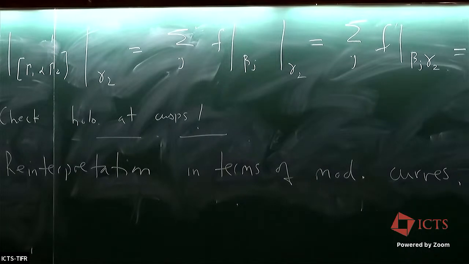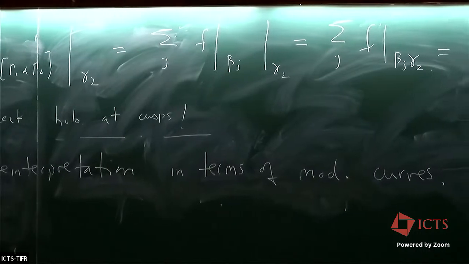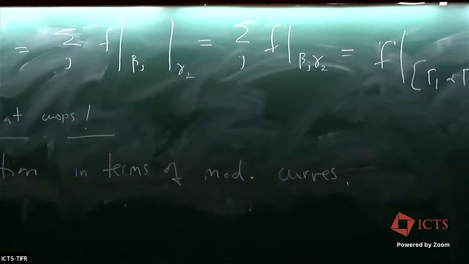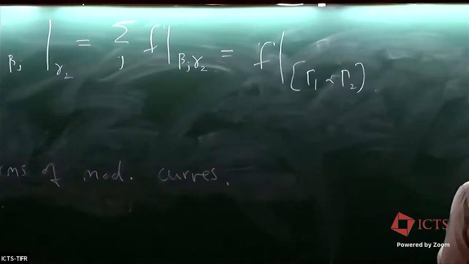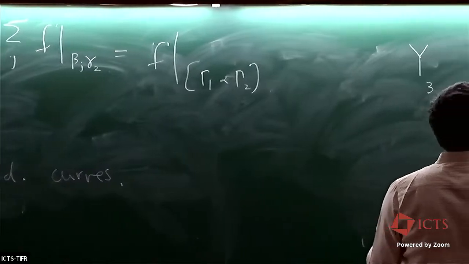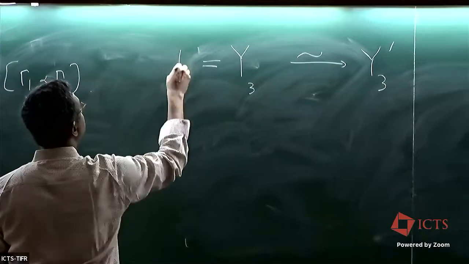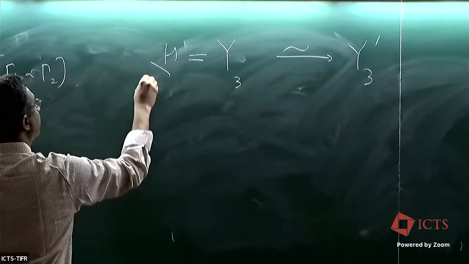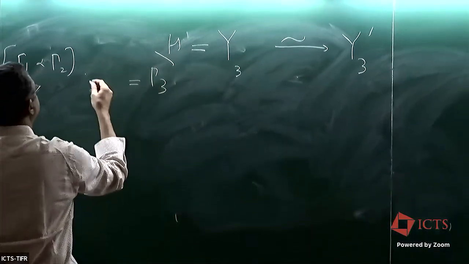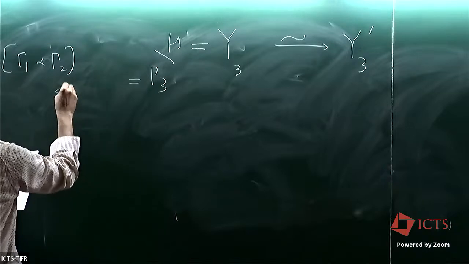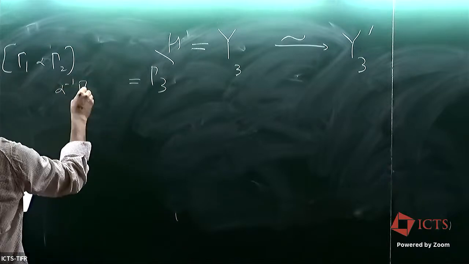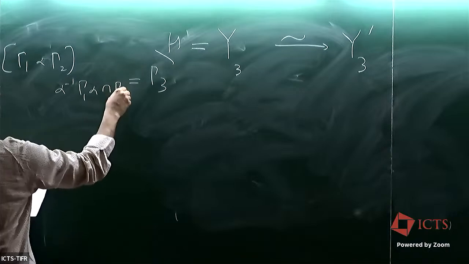Let me write the things which are involved, not directly, first at the top. Let's define Y3, using the same notation as before, H mod gamma 3. And remember, gamma 3 is notation for alpha inverse gamma 1 alpha intersected with gamma 2.